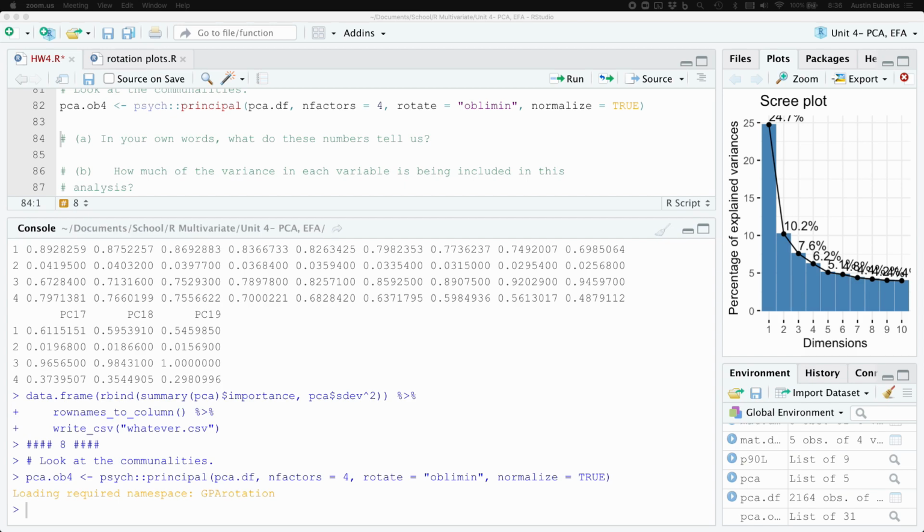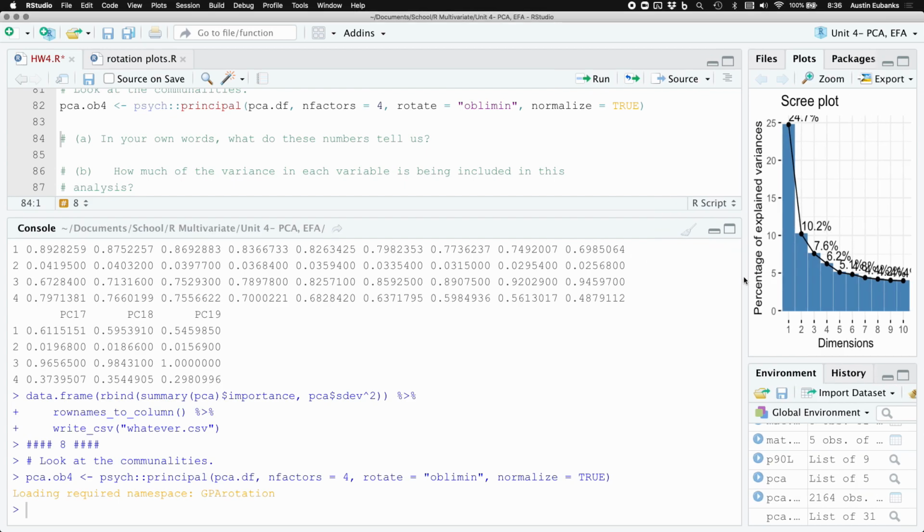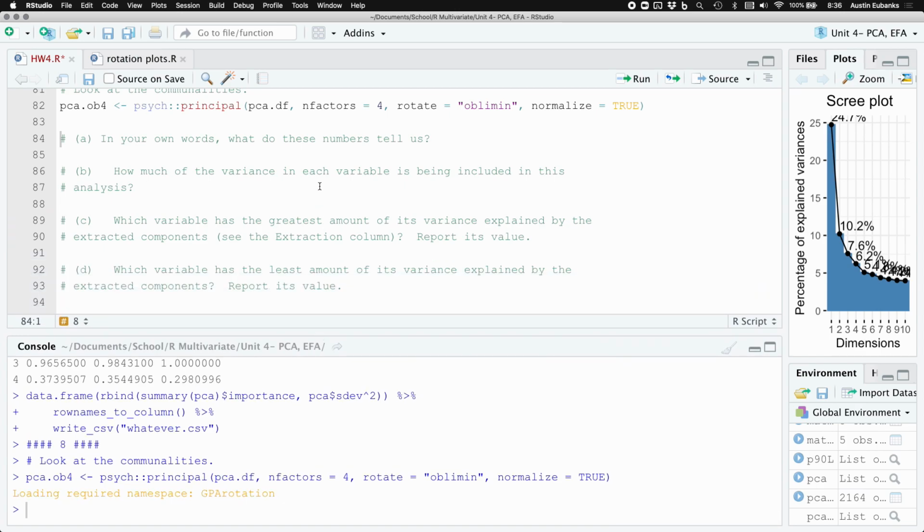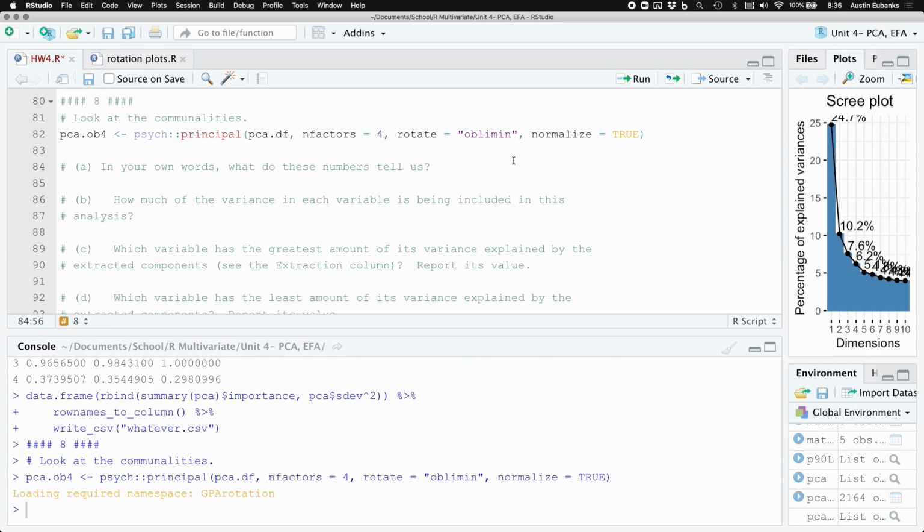And then we're going to look at the output and decide whether they are pretty correlated with each other, or whether it's probably safe to assume that they're pretty independent, and that using an orthogonal rotation, which would be ideal, is fine. So it's a good idea to start every factor analysis with an oblique rotation, so that you can look at the correlations and then decide whether it's fine to force them to be zero. But if you start by forcing them to be zero, then you can't decide whether you're distorting reality. You have no way of knowing.